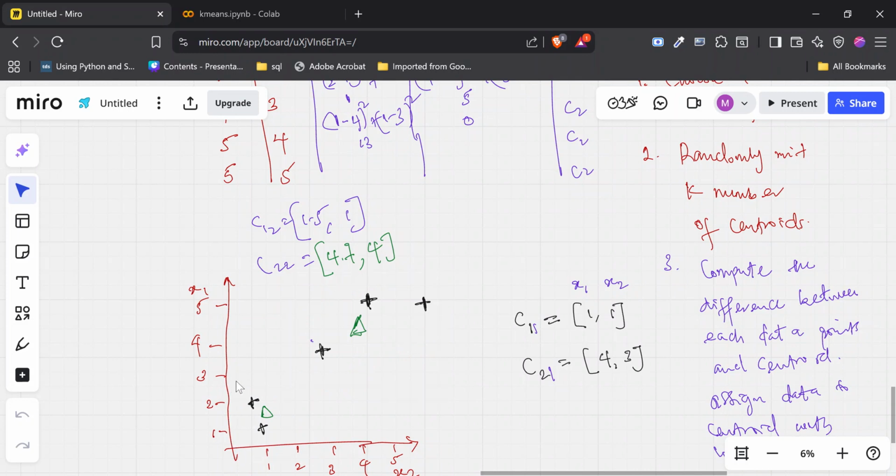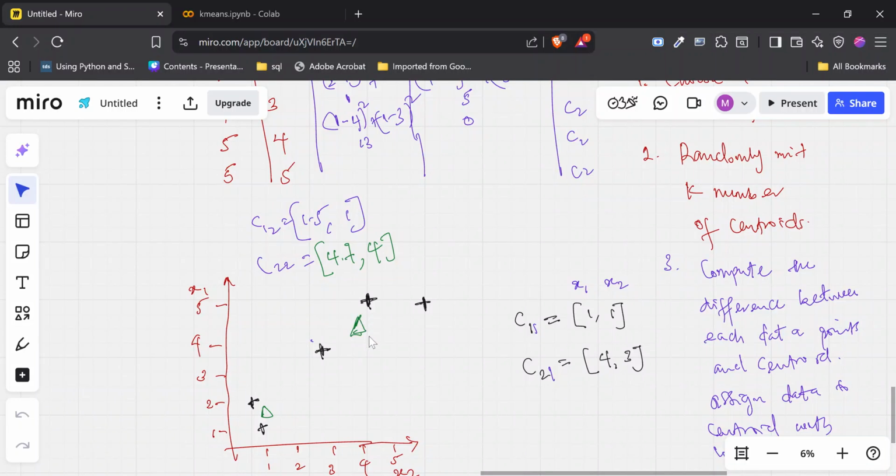So what's the next thing to do? Begin to calculate the distance between this one and this one, this one and this one, then this one and this one, on and on till we find the perfect place to put these centroids that minimizes something called inertia. Inertia is basically the sum of squares of the distances between the centroid and each of the data points.